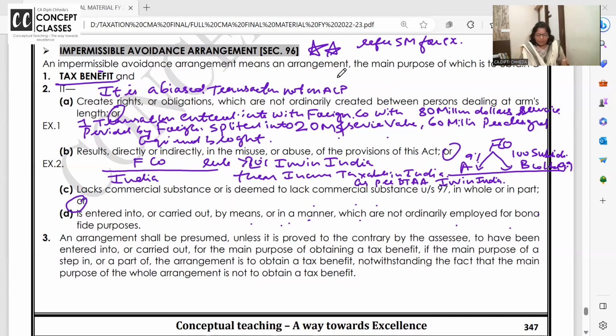Or especially when they say it lacks commercial substance means these 2 subsidiaries they don't have any other work. They are 100% subsidiary of A and B, funded by FCO. A and B subsidiary को पूरा funding FCO से आ रहा है, and they lack commercial substance means these subsidiaries don't have any other commercial transaction except this arrangement.